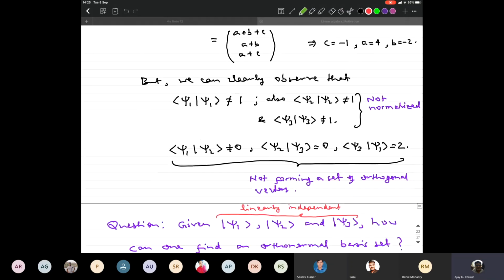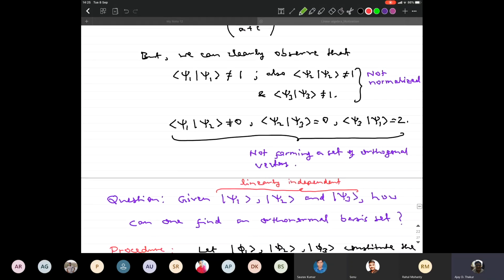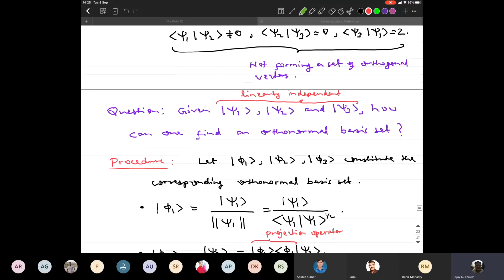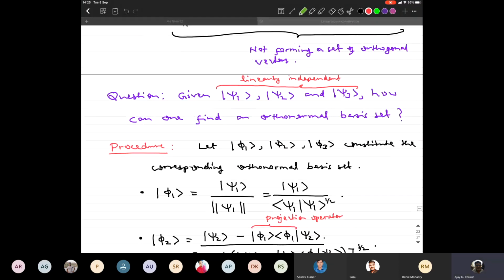So what would be the procedure? That was provided by Gram and Schmidt. They started with a linearly independent set of vectors psi 1, psi 2, psi 3 as given above, and you can find the procedure for finding phi 1, phi 2, phi 3.